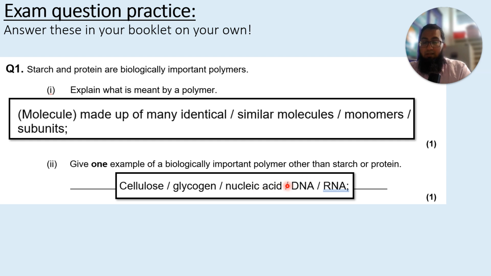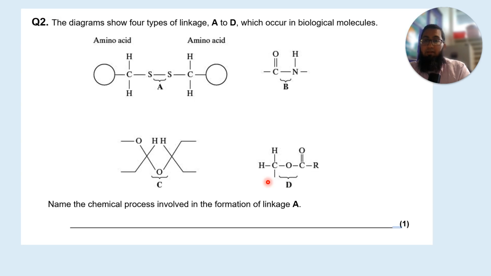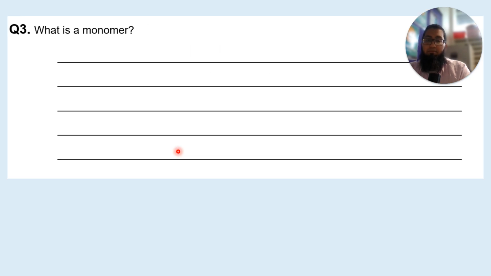All of these can be given. Link A, pause the video. It's going to be condensation reaction. Two monomers join together, and that process is a condensation reaction. I guess you can also say for this one as well, two monomers join together is a condensation reaction.